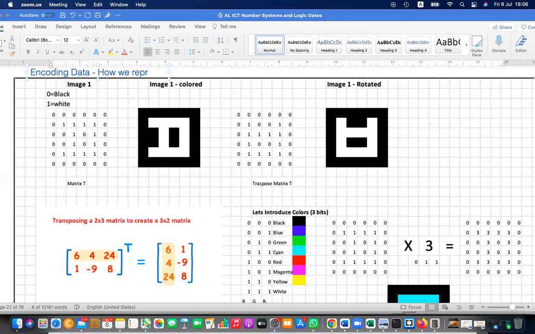How computers represent the data that we can see, that we can recognize, how computers represent data that we can recognize as text, images, video, sounds, etc.